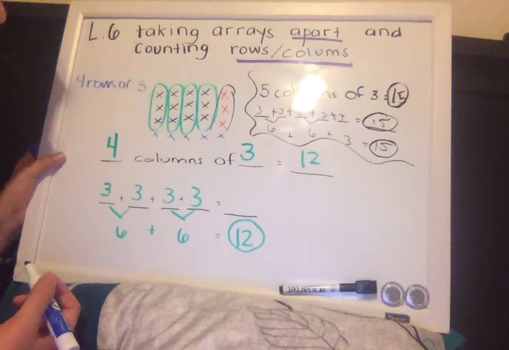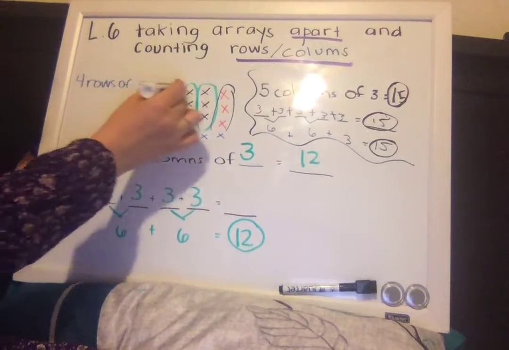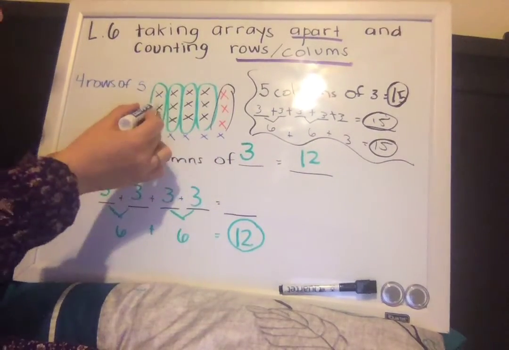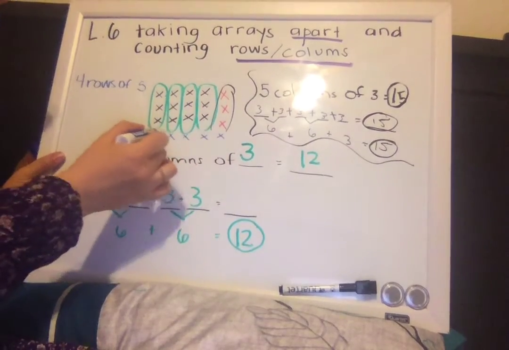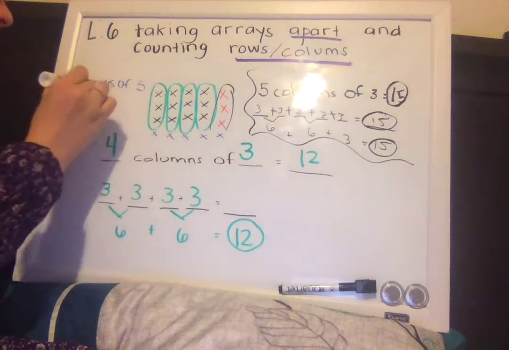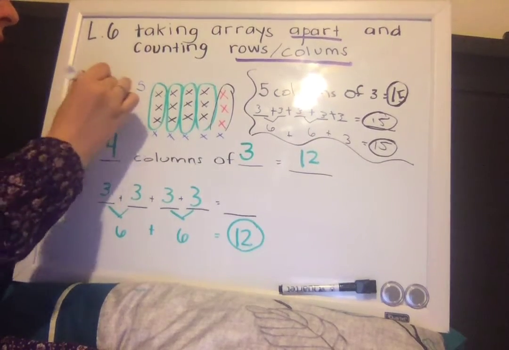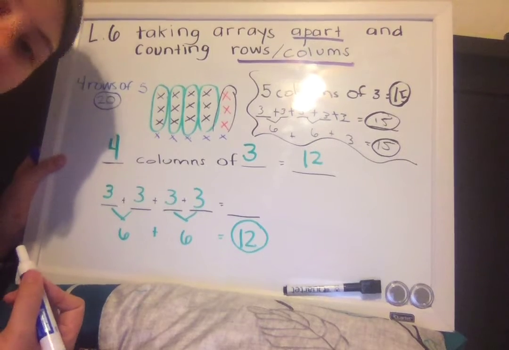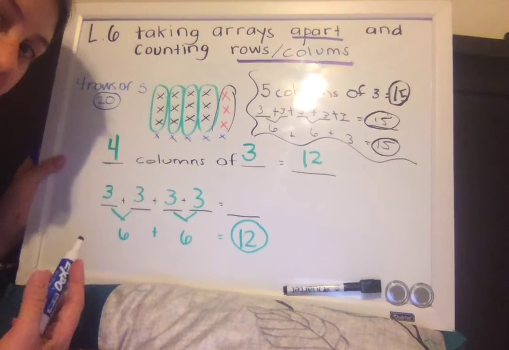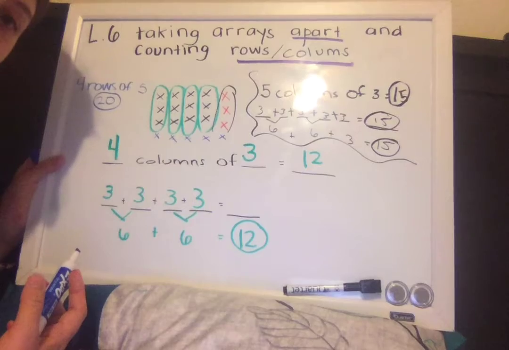And then you would count them all. 5, 6, 7, 8, 9, 10, 11, 12, 13, 14, 15, 16, 17, 18, 19, 20. And it's a total of 20. Okay? So they might ask you to do things like this that get a little bit tricky. But you just have to be problem solvers and try your best.